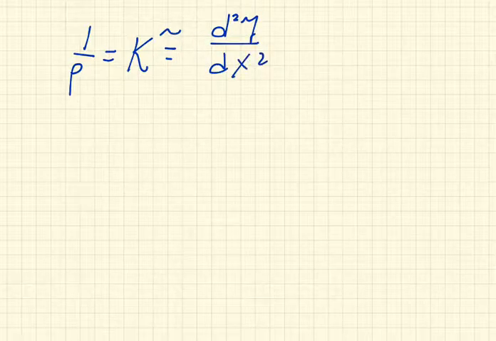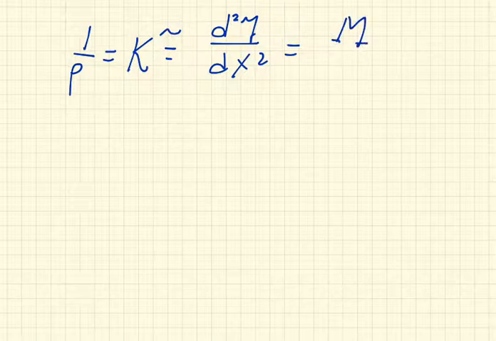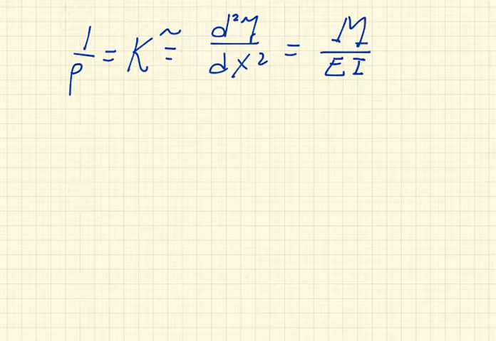And as we have seen in the kinematics, assuming that the beam curves in a circular path, then the curvature is directly proportional to the applied moment divided by the flexural rigidity. So that's the basic kinematic equation that we have here.